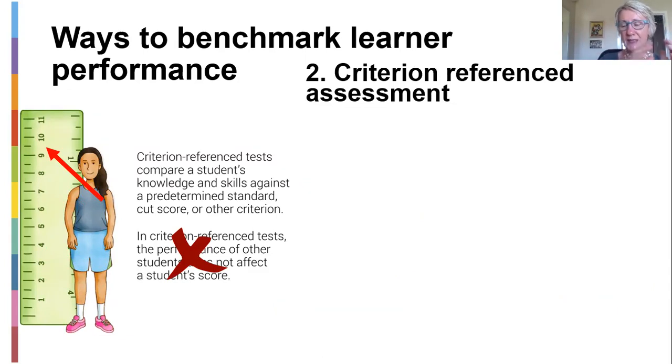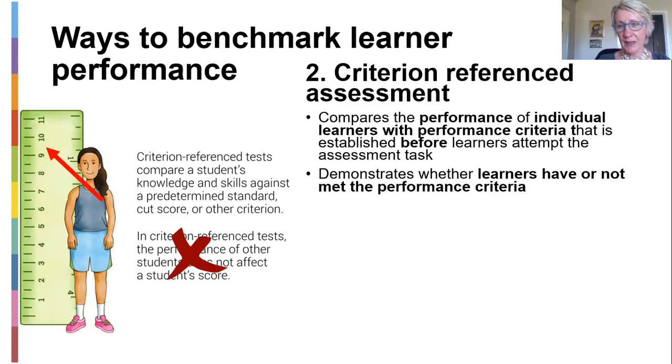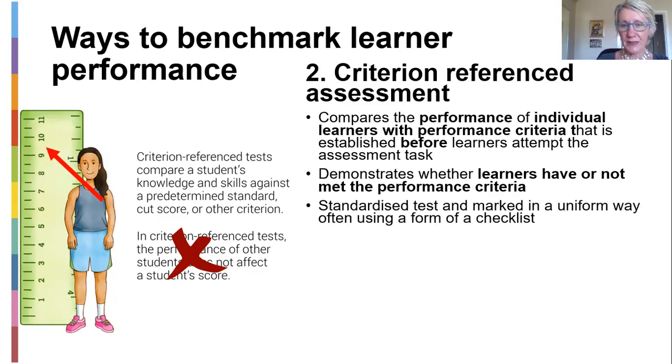I'm measuring her about her ability. And this is closer to what CAPS does as well. So I'm comparing her performance to the performance criteria, not what the other learners have done. So it demonstrates whether she has reached that performance level or not. Okay, she hasn't got 10, but she's quite close to it.